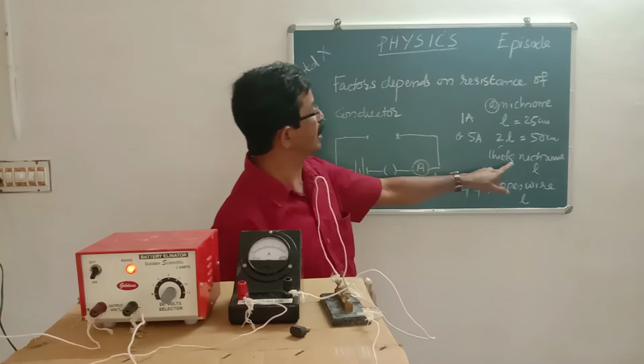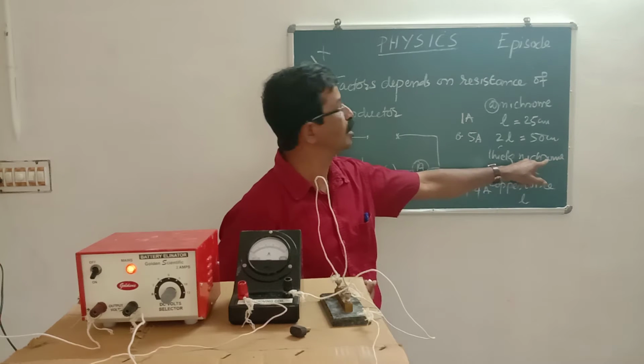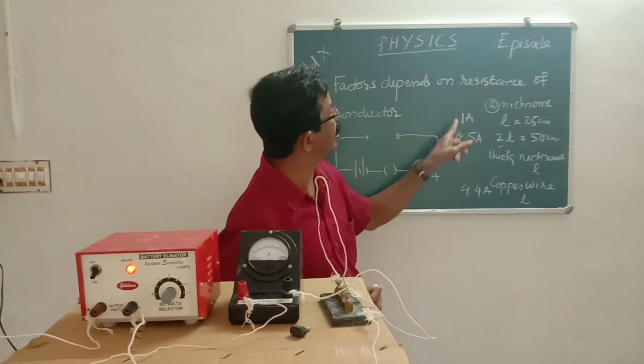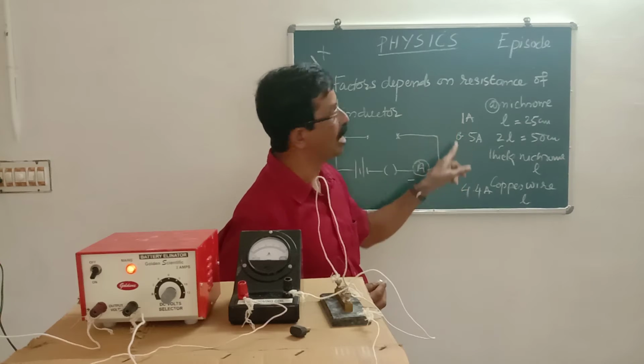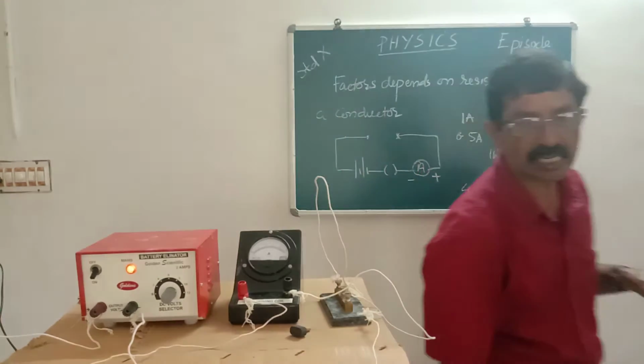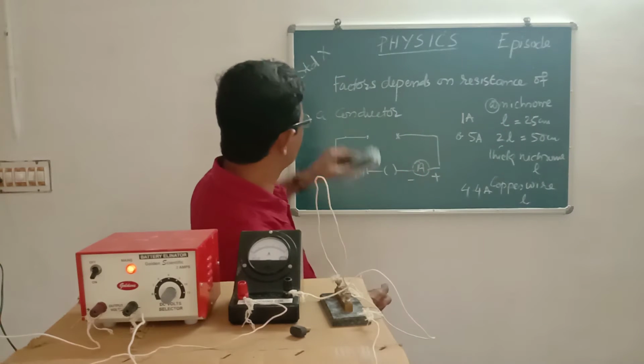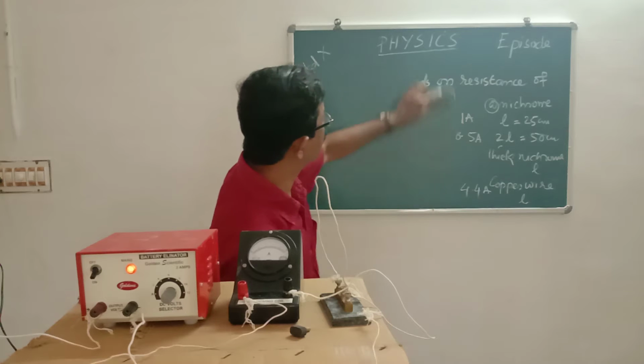In a similar way, if we use a thick nichrome wire, then also you can see a current more than 1 ampere. From these activities, what are the things we can obtain?